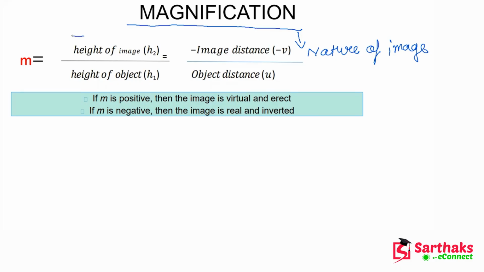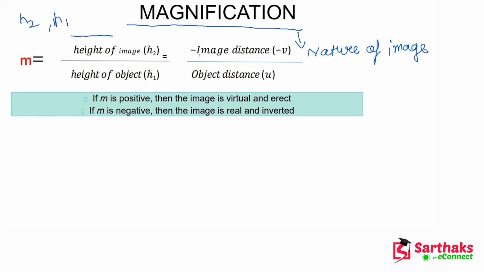It is very easy. First of all, there are two formulas. The first formula says that if we have the height of the image, let's suppose it is h2, and we also have the height of the object, h1, then we can simply figure out M. The formula for finding M is h2 upon h1.